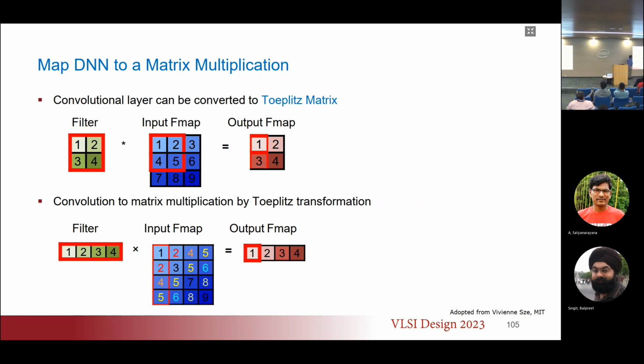If I do that, I can do the convolution, but I could also lay out my data this way: 1, 2, 3, 4 as a vector, and then the input I'm going to rewrite. Remember, the first time I'm going to do 1 times 1, 2 times 2, 3 times 4, 4 times 5. So I could just write it as 1, 2, 4, 5. So I can simply have a matrix multiplication and produce that output.